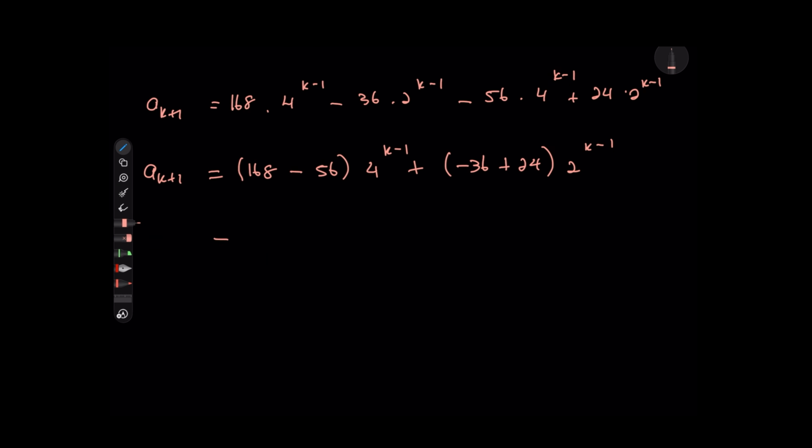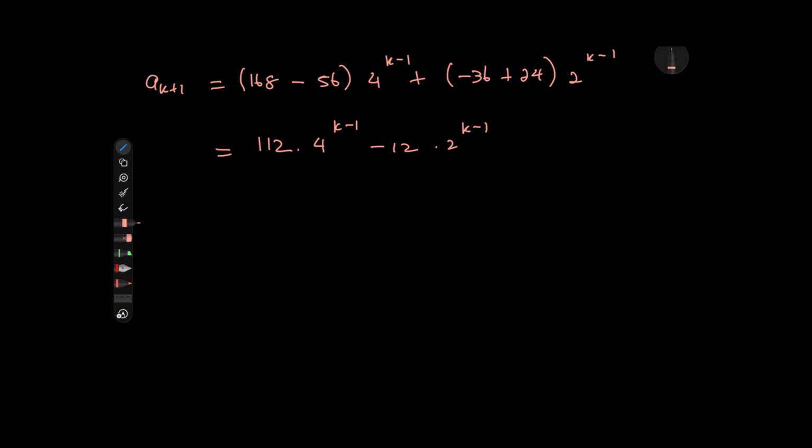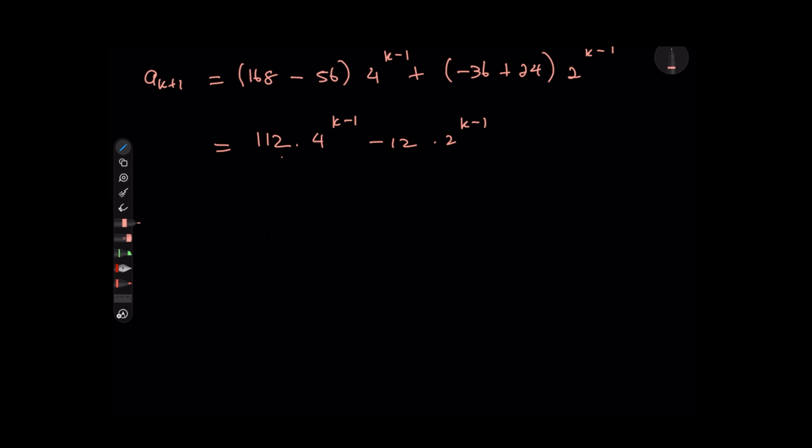So I would have gotten 168 minus 56, that is 112, by 4 to the power of k minus 1, and negative 36 plus 24 is negative 12, by 2 to the power of k minus 1. Then you could factor these coefficients.